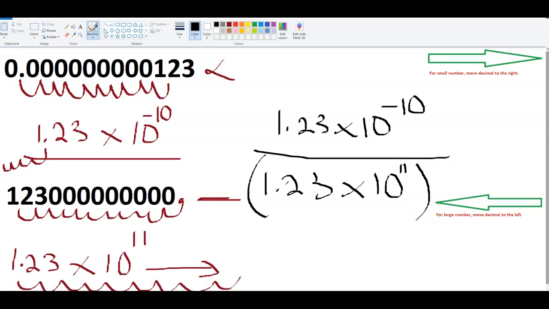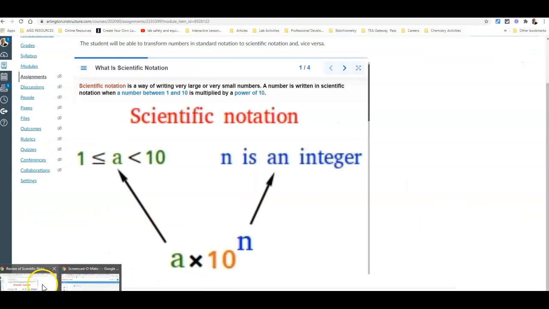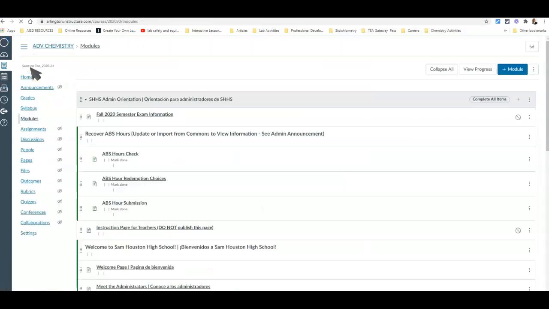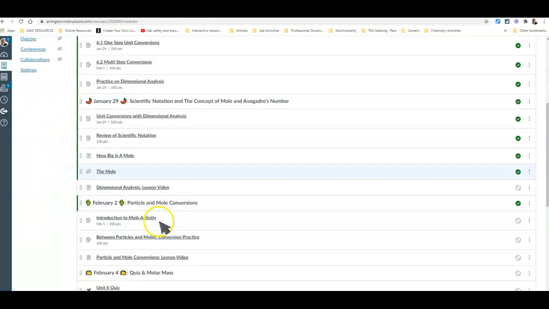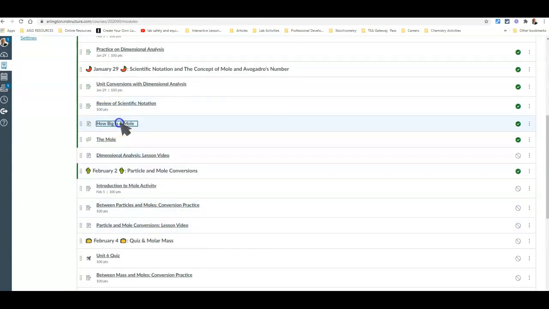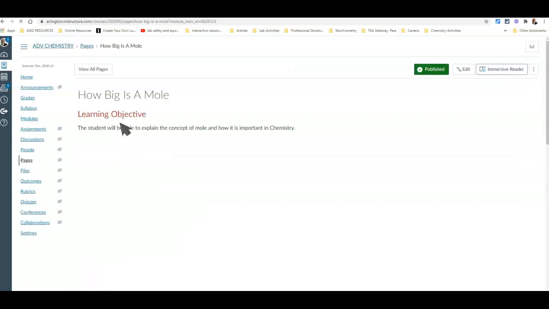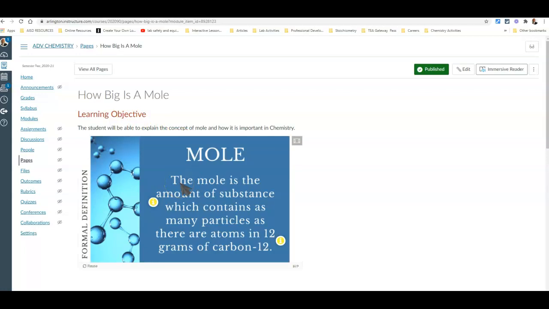Now, the other part of this lesson introduces you to the mole. Here we are told how big a mole is. This lesson simply gives you an understanding of the size of a mole.